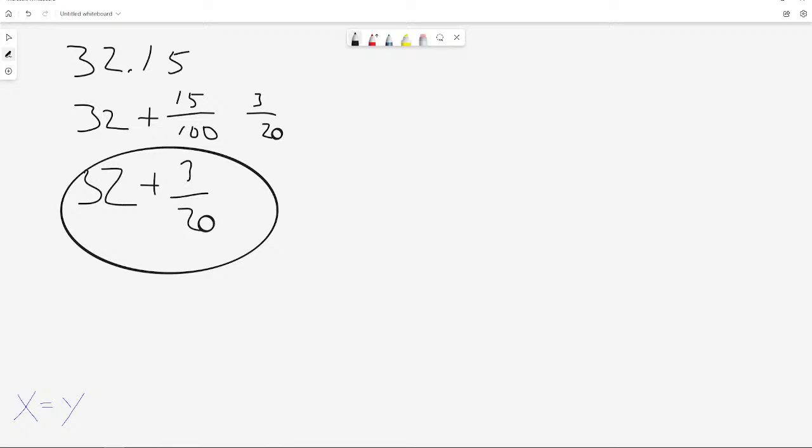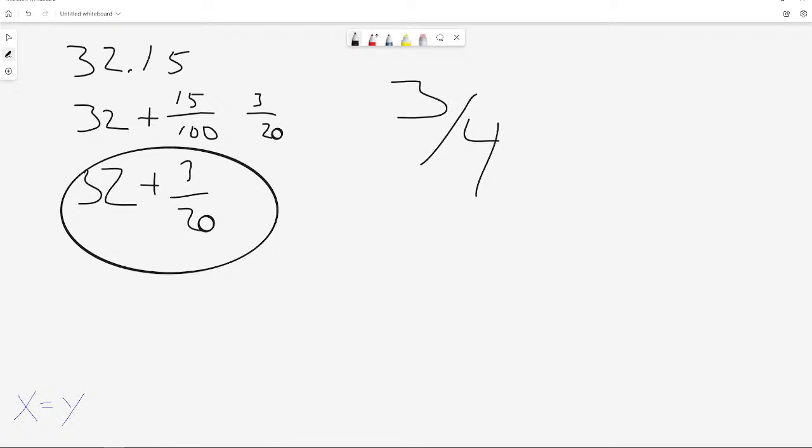So now we want to convert a fraction to a decimal. So let's start off with something fairly easy. We have 3/4.